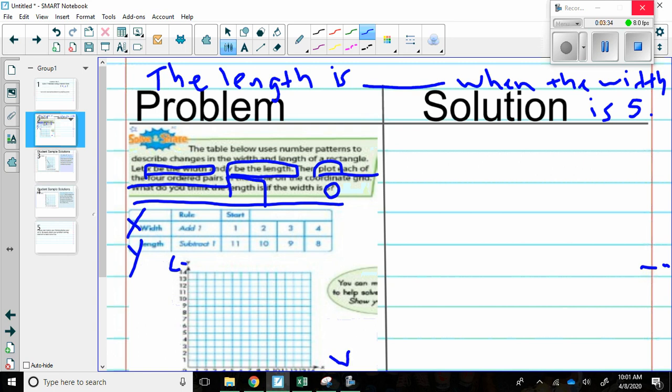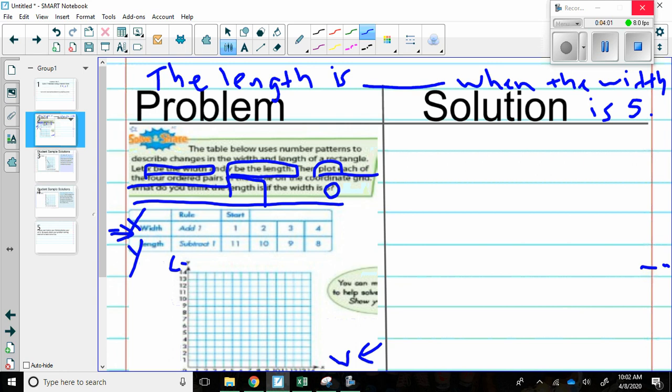So next, we need to evaluate and visualize. When I do this, it's asking me to plot each point. So when I'm doing my graph, I first want to start with the x coordinate, which would be here. When I'm doing x, I want to go over.